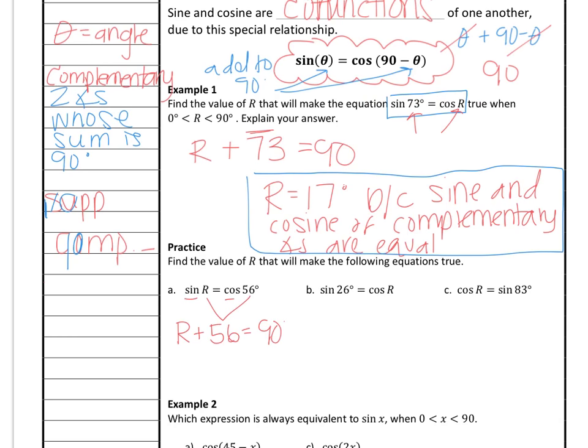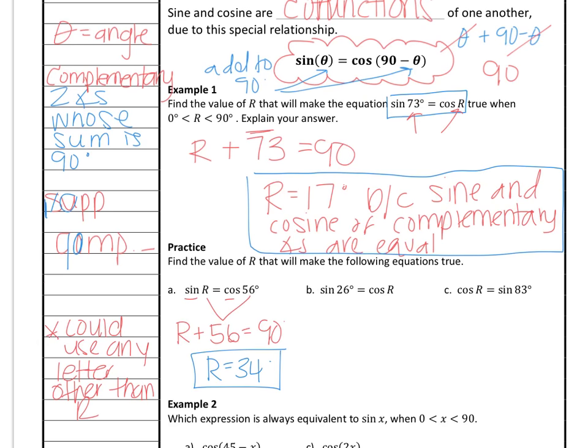Now each of these examples do have r's in them, but you could use any letter other than r. I just stuck with the r when I was making this packet because the first example had r. Okay, so we subtract 56 and we're left with r equals 34. And again, this is because sine and cosine of angles whose sum is 90 are equal.